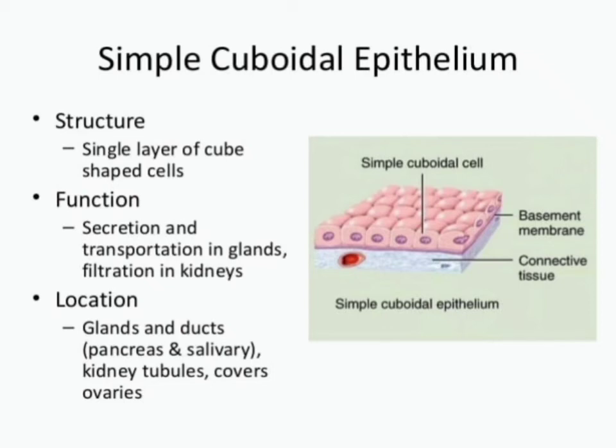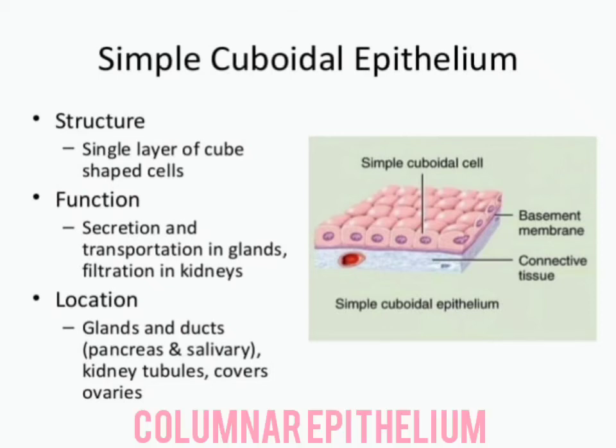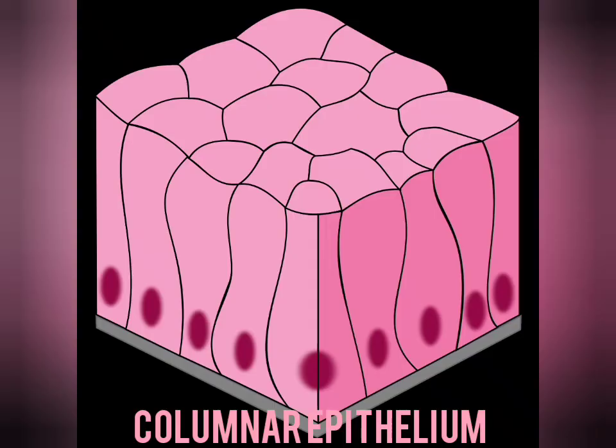Now it's time for columnar epithelium. The epithelium consists of tall columnar or pillar-like compactly arranged cells. Nucleus is oval and lies near the base. Free surface may bear a number of tiny finger-like projections called microvilli. The latter increase the absorptive area.